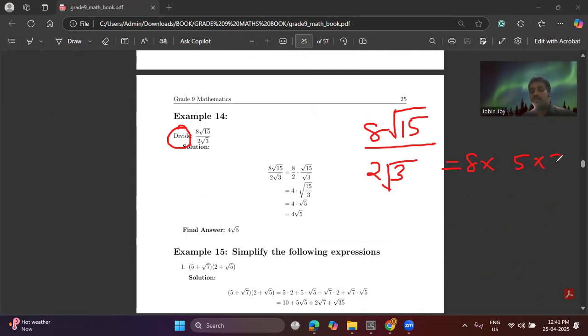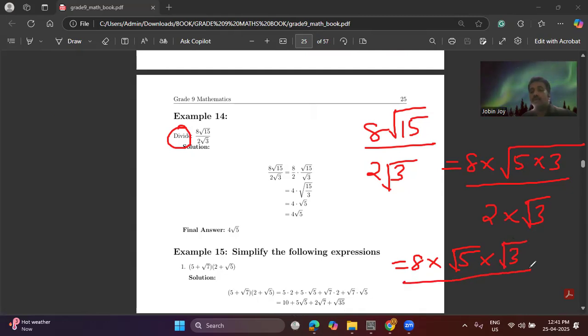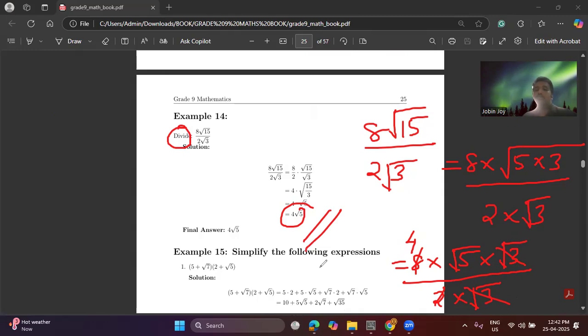I can write 15 as 5 into 3, so root 5 into root 3, divided by 2 into root 3. So root 3 cancels, and 8 by 2 gives 4. So the answer is 4 root 5.